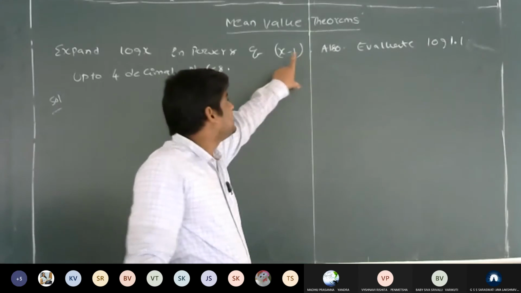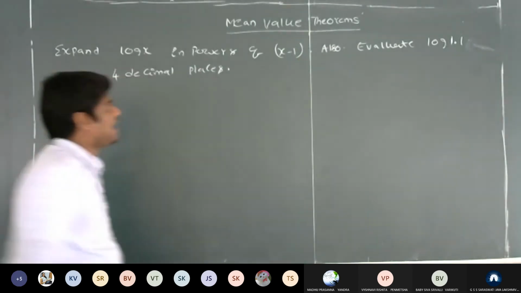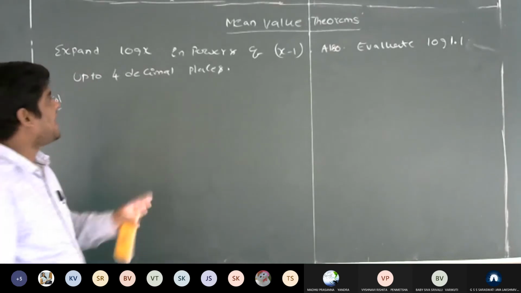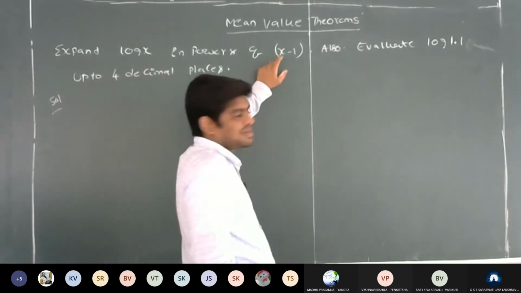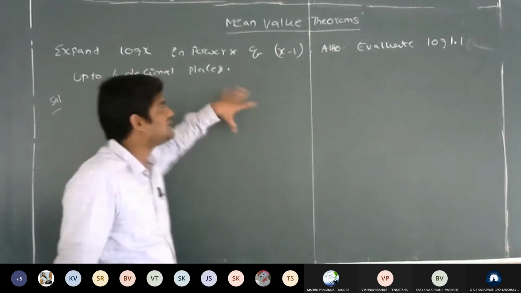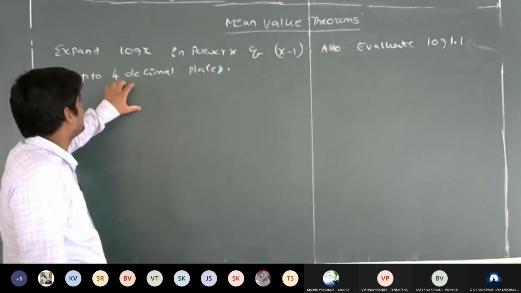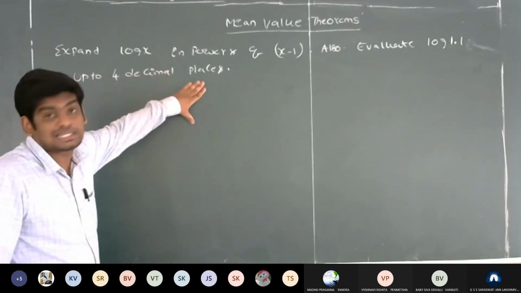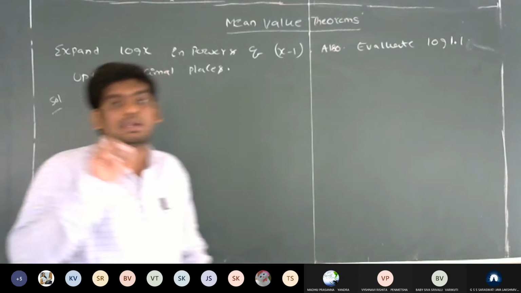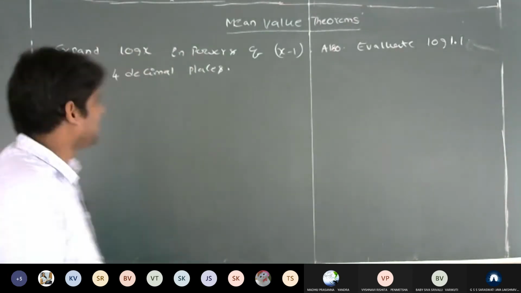That means it is a Taylor series about the point 1. After finding the Taylor series, you just substitute x by 1.1, and then you will get the required value. But the numerical result should consist of 4 decimal places, that is, after the decimal point you have to calculate 4 digits. So that is very important.